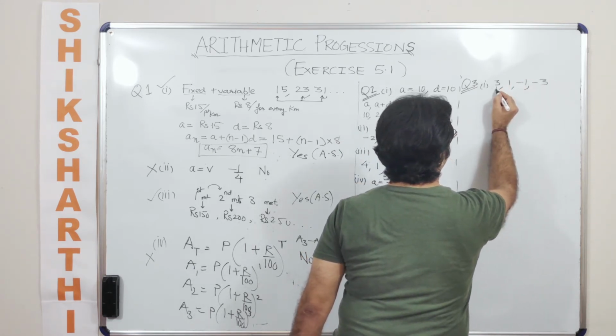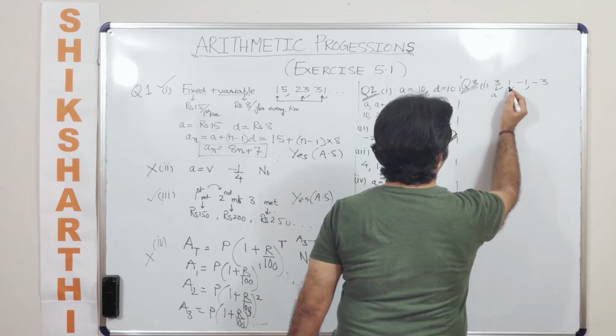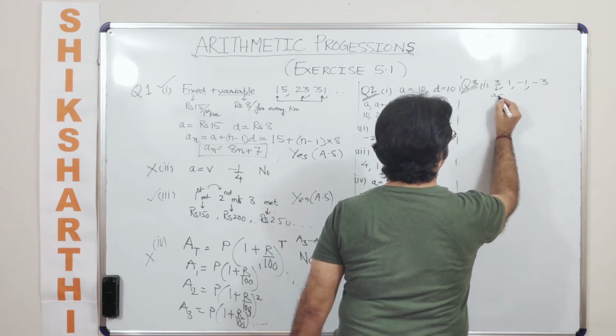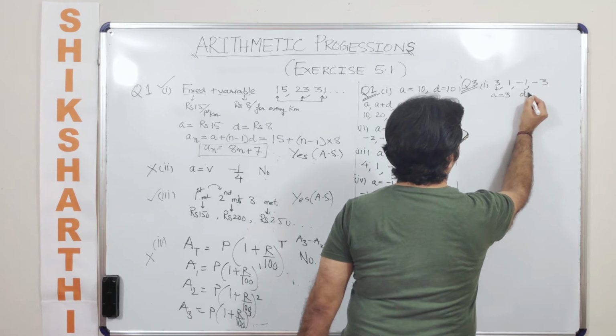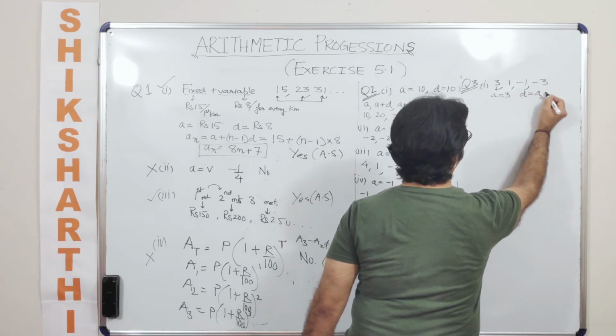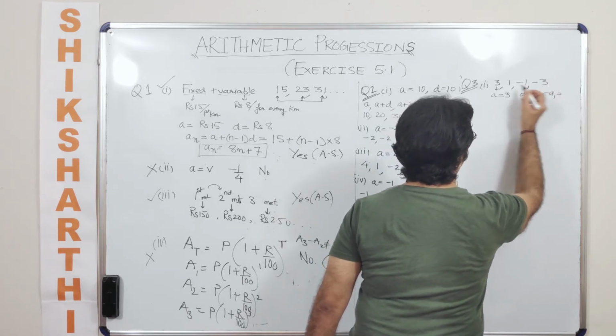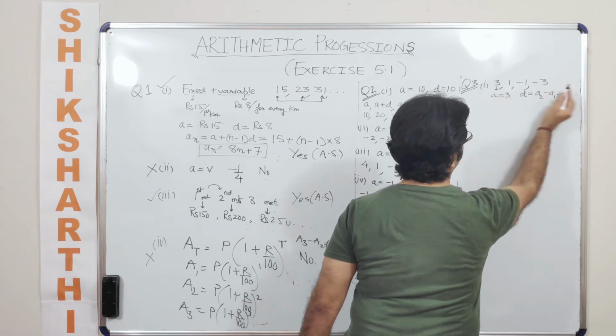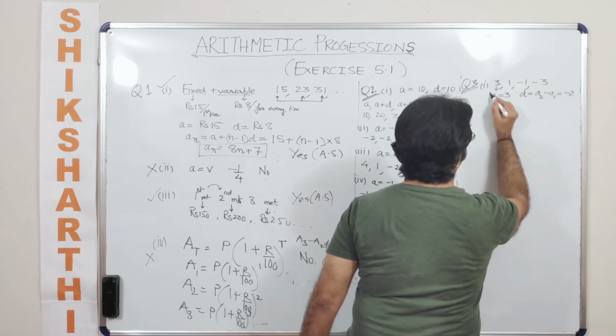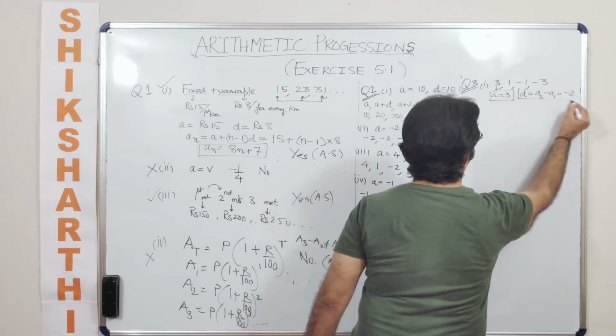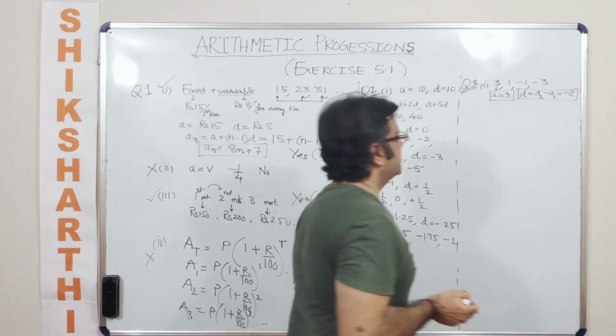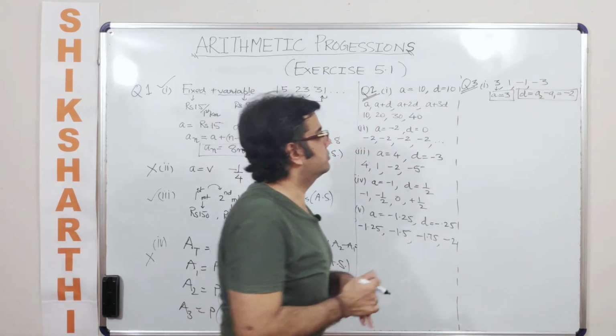Which is the first term here? And what is the common difference? So can I say the first term here is 3 and the common difference is nothing but the second term minus the first term. So when I do this, the second term minus the first term, we get it as -2. So the first term is 3 and the common difference is -2.